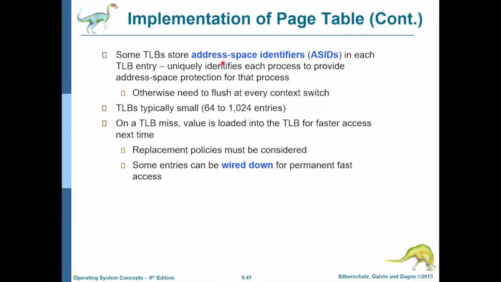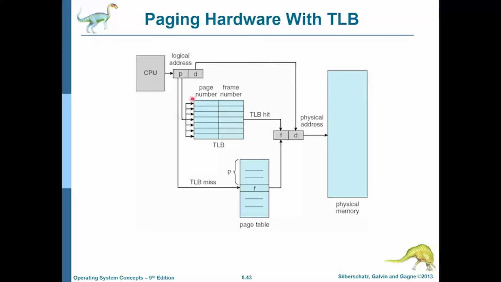Sometimes TLBs also store address space identifiers, called ASIDs, in each TLB entry. So just imagine something like this. Over here we can store some ASIDs also. So why is that necessary? Just imagine one process is running and that process has its own mapping from pages to frames. Now, if that process stops running and another process starts running, whatever stale, old entries are in the TLB will not work correctly for the new process.